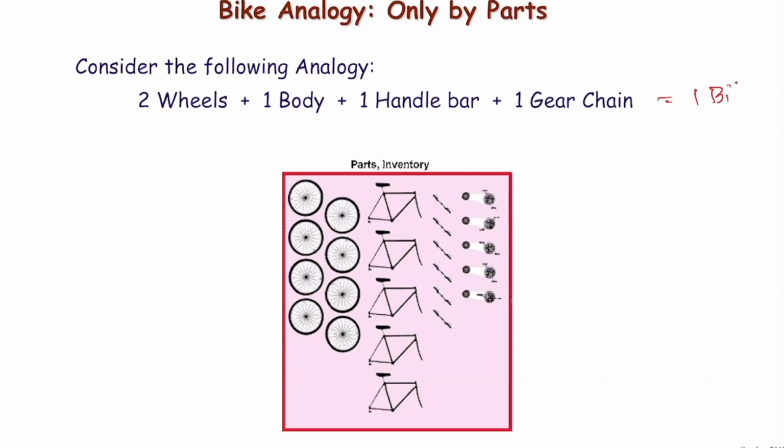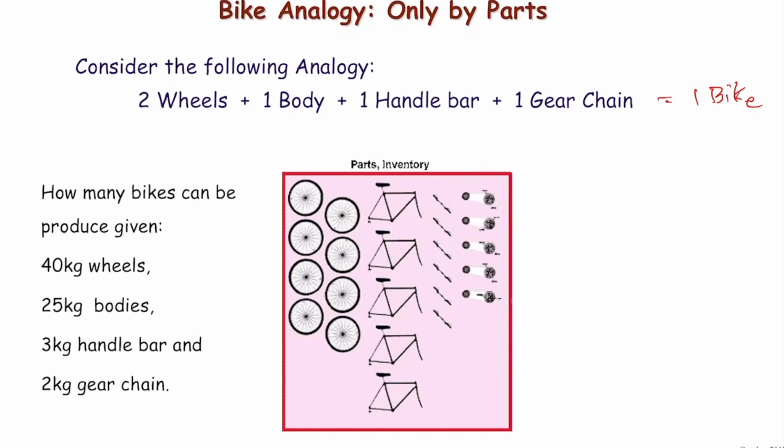Again, the parts make up the whole, okay? And now you have the relationship of wheels, body, handlebar, and gear chain to make that one product. But suppose I tell you I have 40 kilograms of wheels, 25 kilograms of bodies, 3 kilograms of handlebar, and 2 kilograms of gear weight.